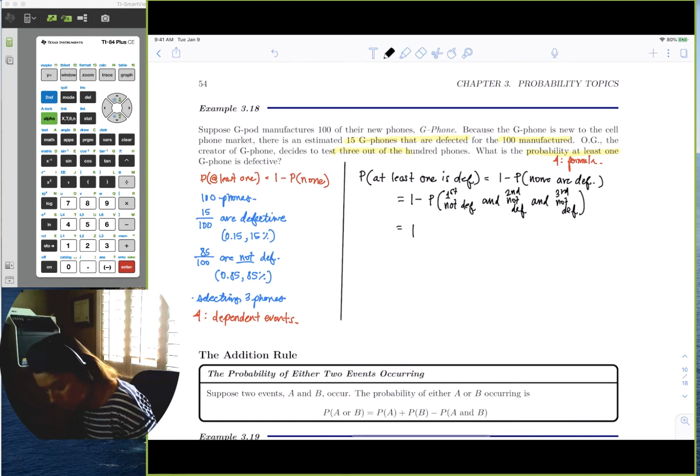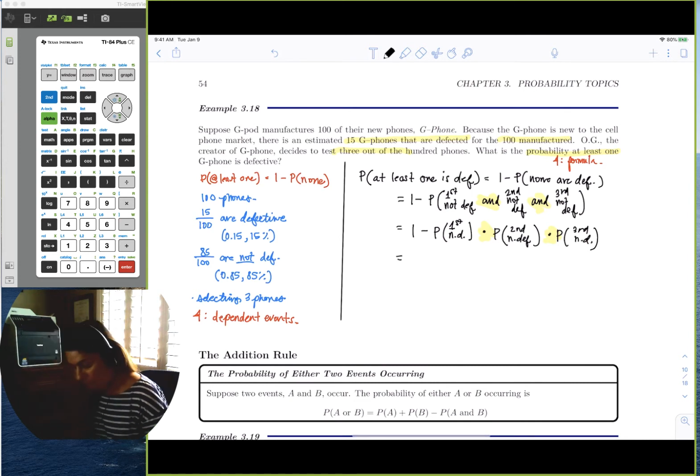This is equal to 1 minus the probability of the first phone not defective, times the probability of that second phone not defective, and, by multiplication, the probability that the third phone is not defective. Okay, I think we're ready.